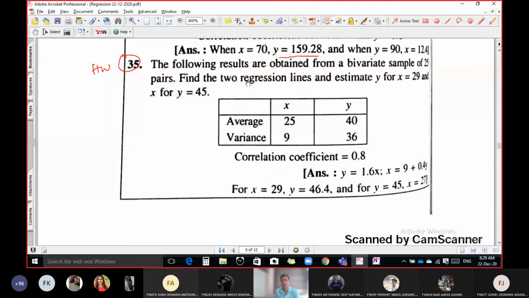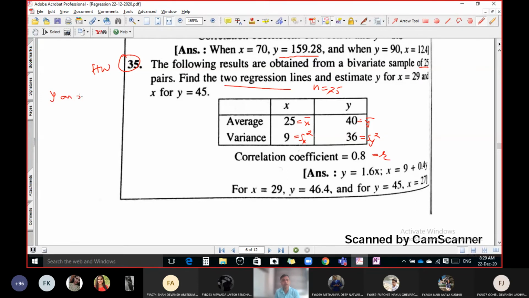Find the two regression lines, estimate y for x is 29 and x for y is 45. Now in this question, what information do we have? n is 25, there are 25 observations. The means x bar, y bar, the variances sx square and sy square, and the correlation r are given. Now we have to find the two regression lines.